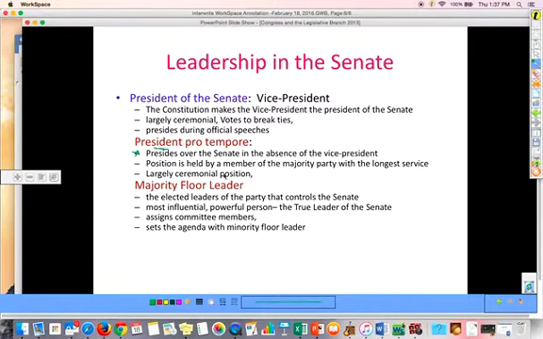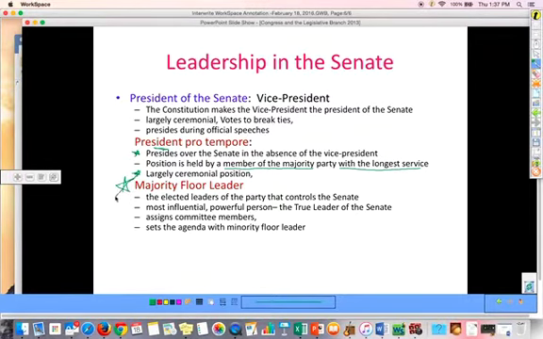It is almost always held by the majority party, and it goes to the person who's been in the Senate the longest. So currently you would have the longest serving Republican in the Senate be the President Pro Tem. That's by tradition. Now, this is a largely ceremonial position too.